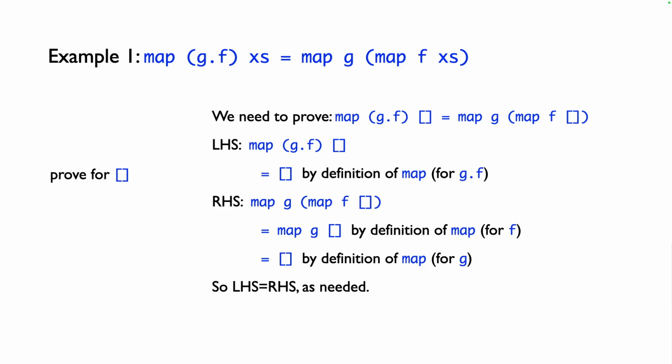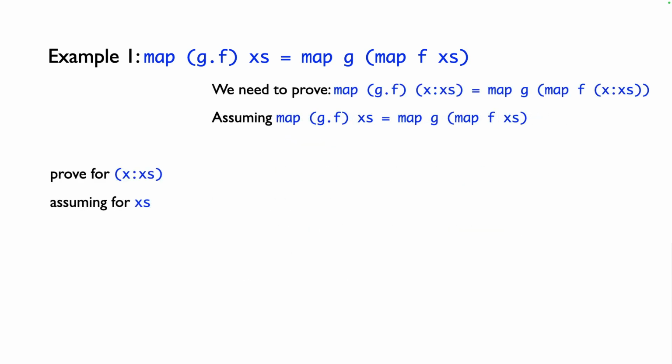that's the first half. The second half, we have to prove map of g dot f applied to x cons xs is equal to map of g applied to map of f applied to x cons xs. And let's do a similar thing of looking at how we can simplify the left-hand side and the right-hand side using the only thing we know, the definition of map and the definition of composition.